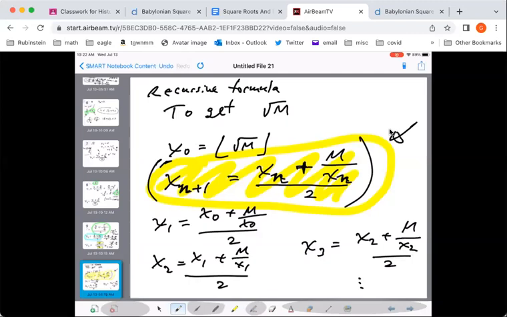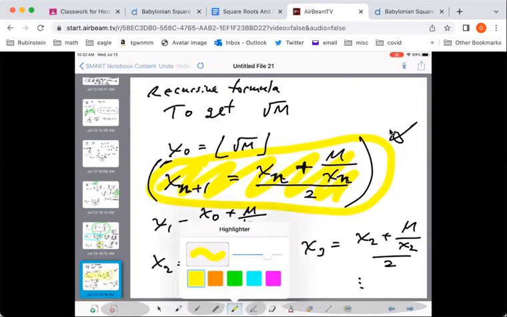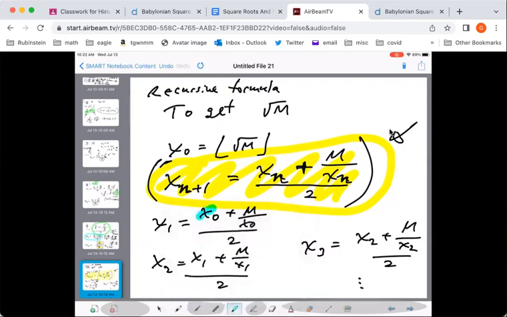If you understand that you just take the last answer and do this with it, then take the next answer and put it here and here, and keep going, you get better and better approximations.